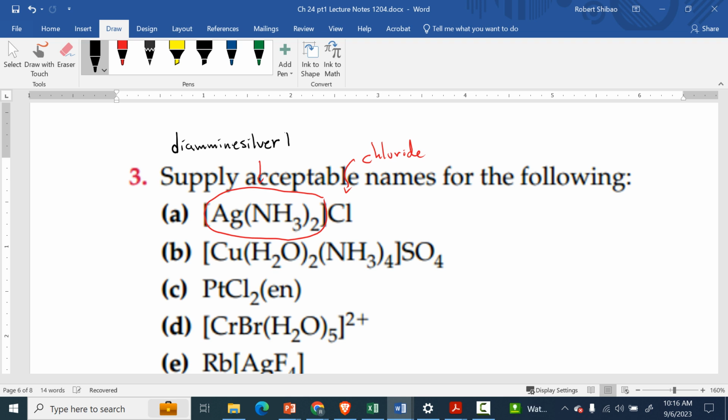Silver only has 1 charge. We'd never do this for anything else. For example, we'd never call silver chloride, silver(I) chloride. Silver chloride is AgCl. It would be wrong to use the Roman numeral here. Why?